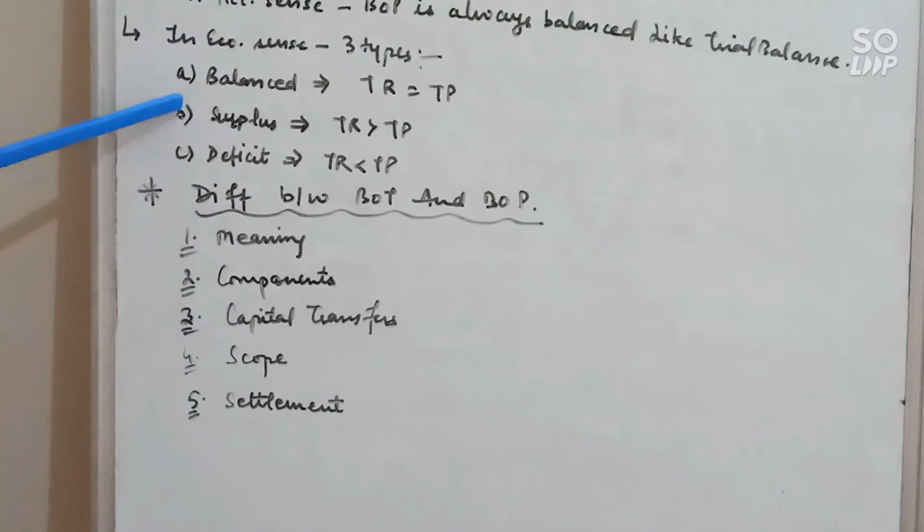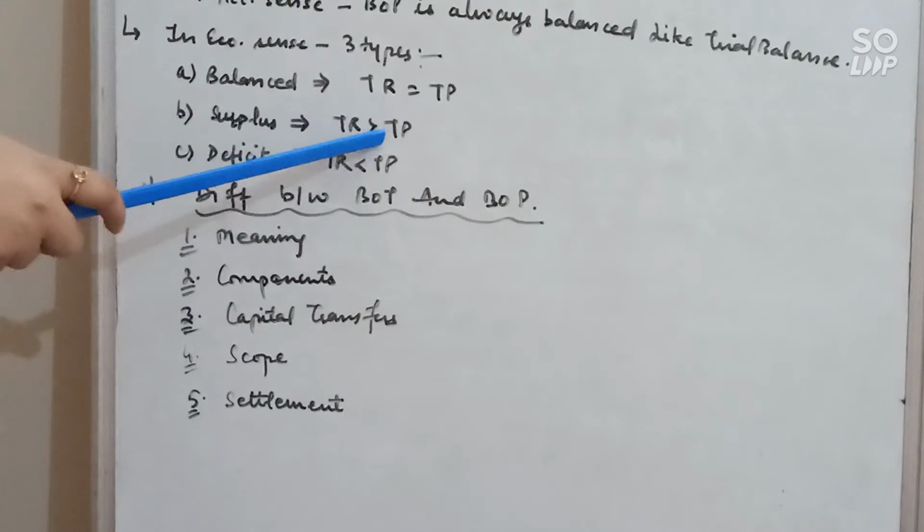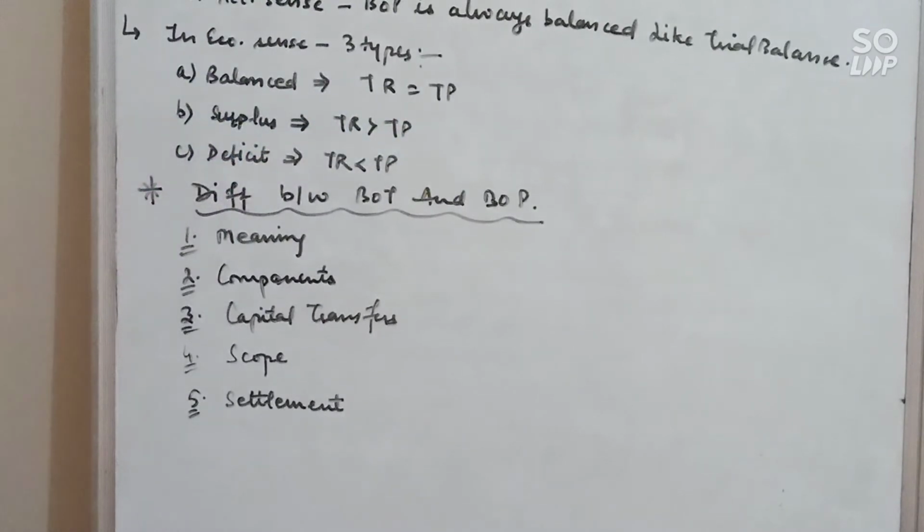It can be balanced, surplus or deficit. Balanced BOP means when total receipts of foreign exchange are equal to total payments of foreign exchange. Surplus BOP is when total receipts are more than total payments, and deficit BOP means when total receipts are less than total payments of foreign exchange. So we have three types in economic sense, but in accounting sense, it is always balanced.